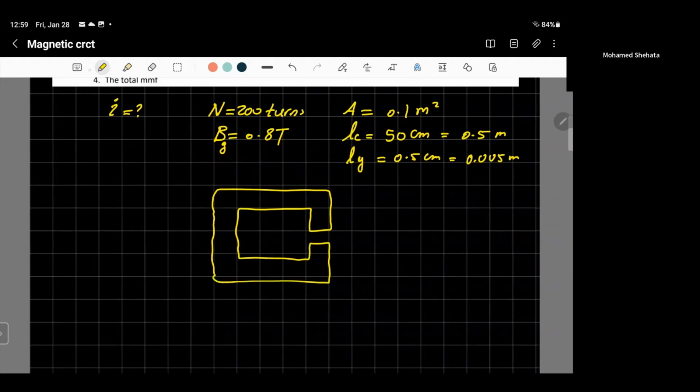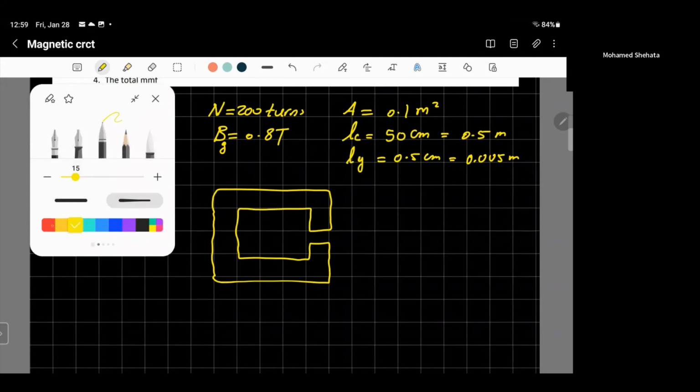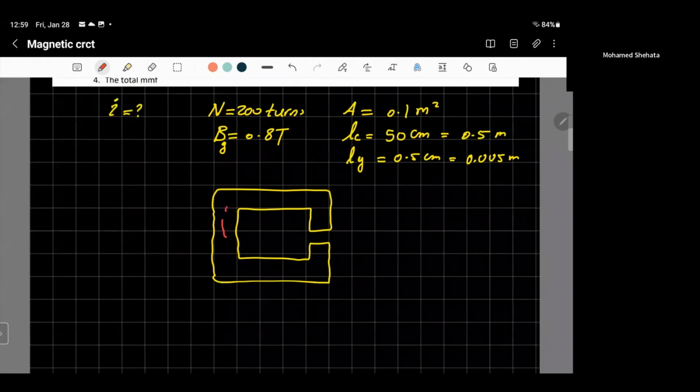If you have a magnetic field going through here, and we assume that this air gap is very small, the same lines will go there. That's phi. So this is phi in the core, and this is phi in the air gap. Obviously, both are the same. There's no loss, because we're assuming a small air gap, so nothing will go out of it.